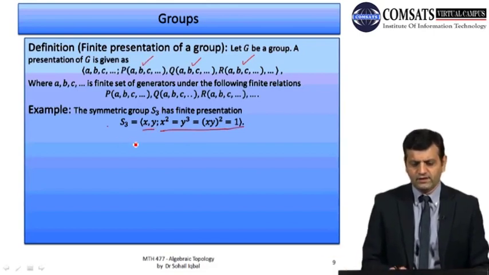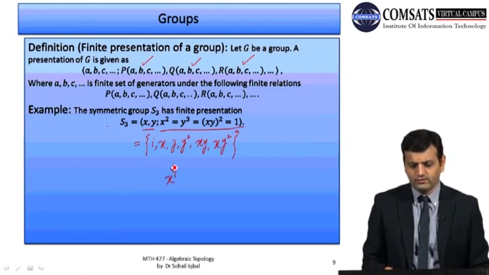We can easily write the elements of S3 as well. So what are the elements? 1, x, y, y square, xy, xy square. Of course you can ask why I am not writing, for example, x raised to the power 4 and y raised to the power, let's say, 6.